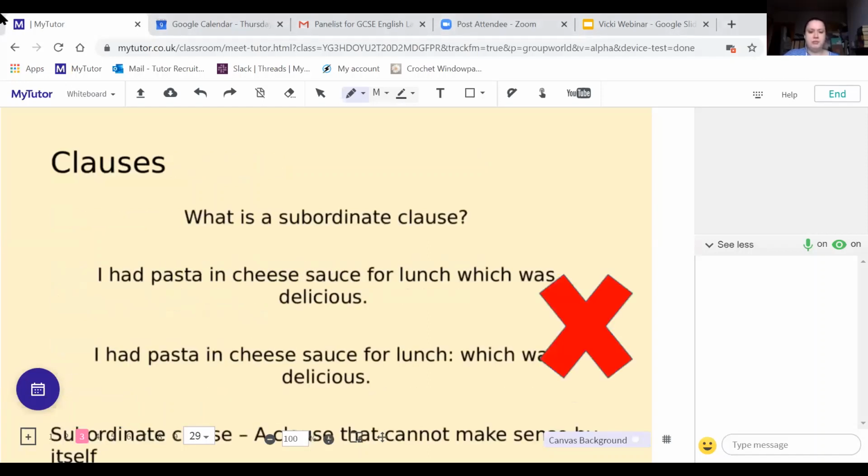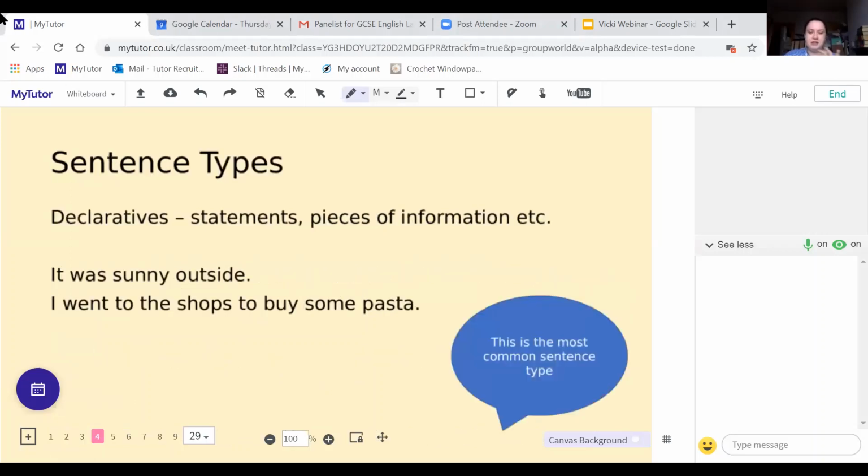"It was delicious" would be a main one, yeah, because you can take those two apart. I think that's all on the Q&A. Let's have a look at the chat. "It was very nice" is a main clause because it can stand alone. Declarative is just a sort of basic boring sentence which gives you facts and information. It's just a statement.